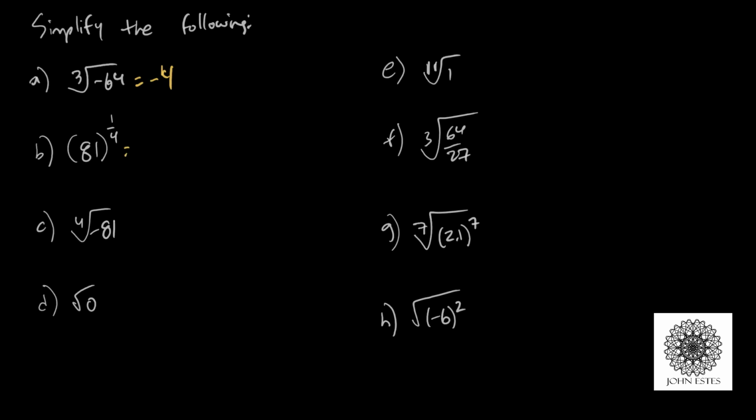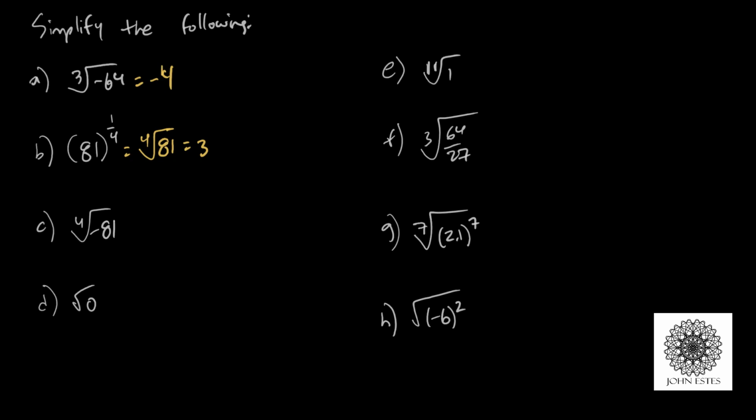Alright, in part B, I have 81 to the 1/4 power. That looks confusing at first, but remember that means the 4th root of 81. So now I'm trying to think of something times itself 4 times that gives me 81. I'm thinking 3, because 3 times 3 is 9, times 3 again is 27, times 3 again is 81.